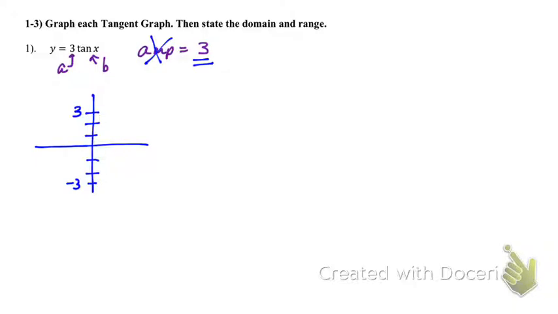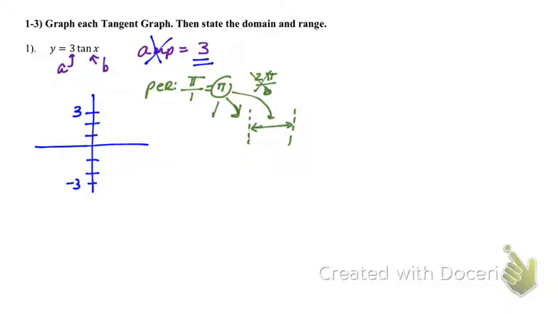And for sine and cosine, the next thing we did was the period, which was 2 pi over b. That's for sine and cosine. For tangent, it's pi over b, so ours would be pi over 1, which is pi. Now, how do we use this in a tangent graph? This is how far apart your asymptotes have to be. It has to be pi apart.